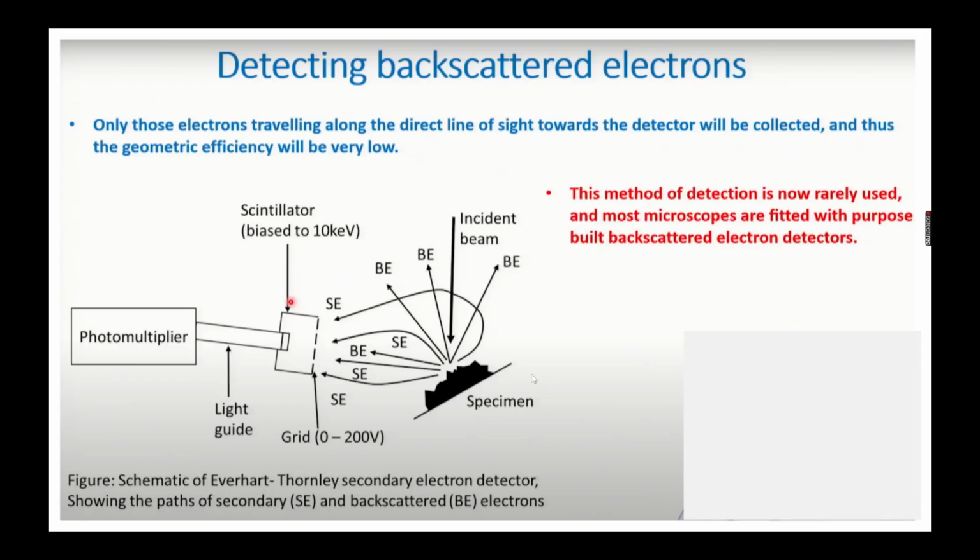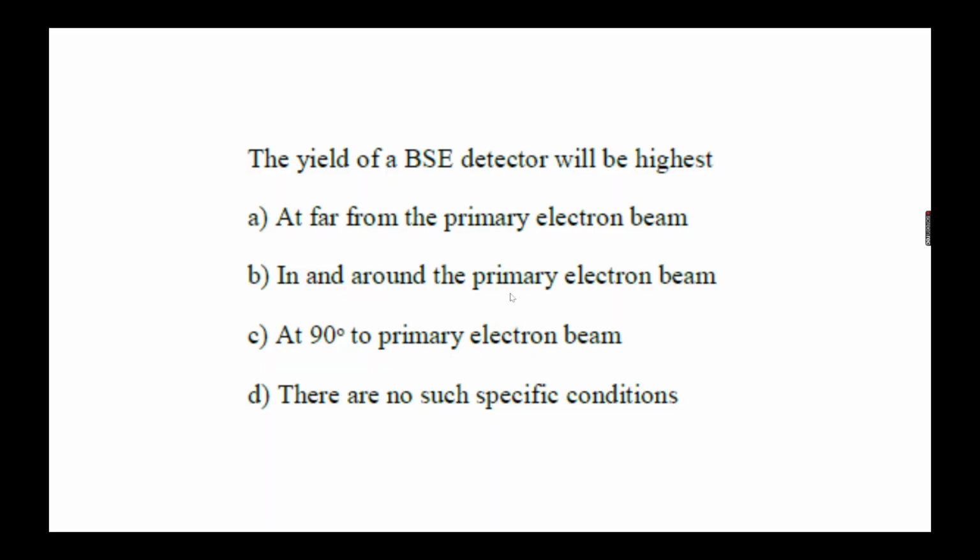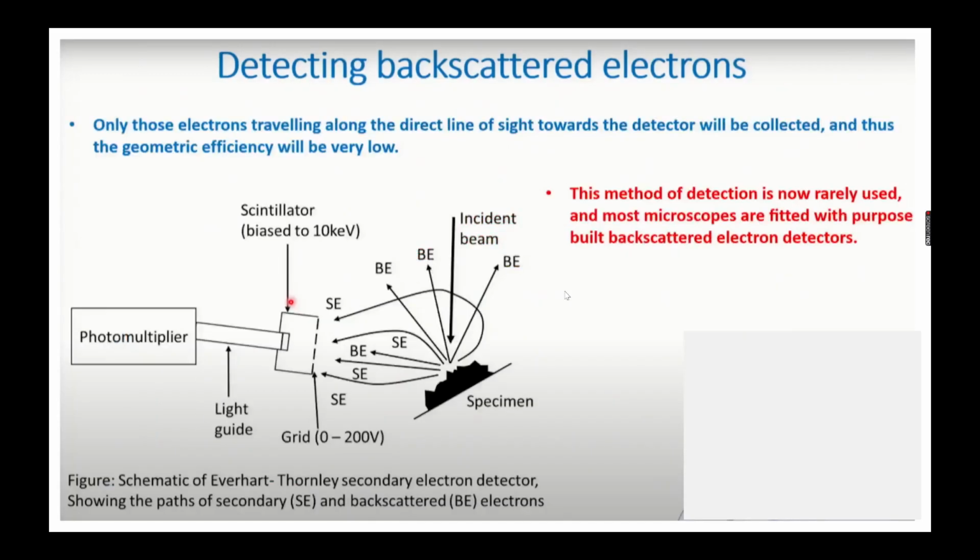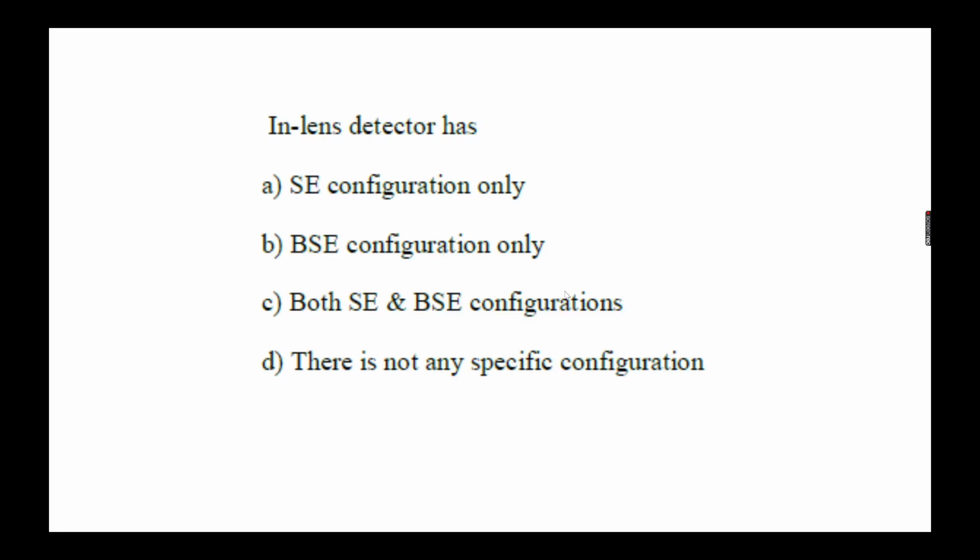This is the schematic of the ET detector showing the paths of SE and BSE electrons. Here it is in and around the primary electron beam.